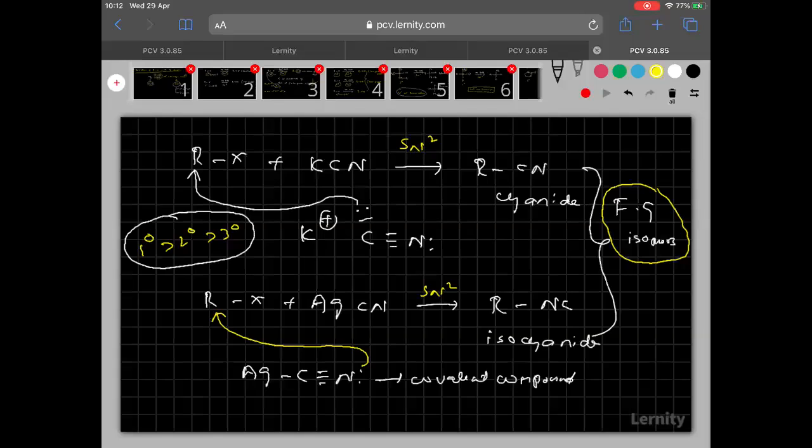Hope you are able to understand all these things here. Completed about the KCN, AgCN.